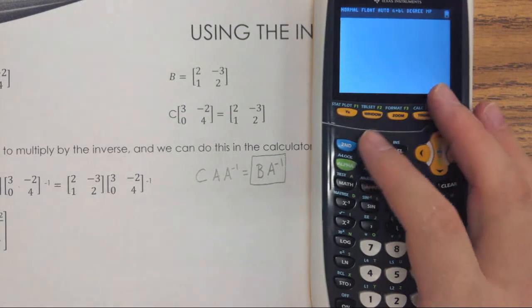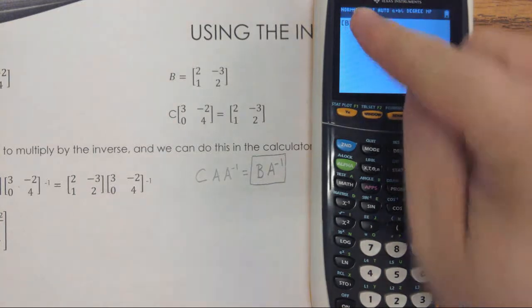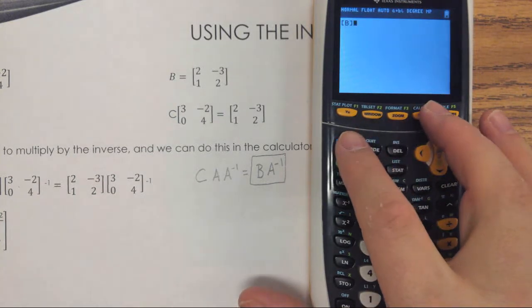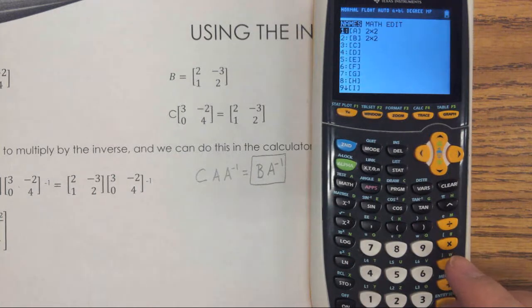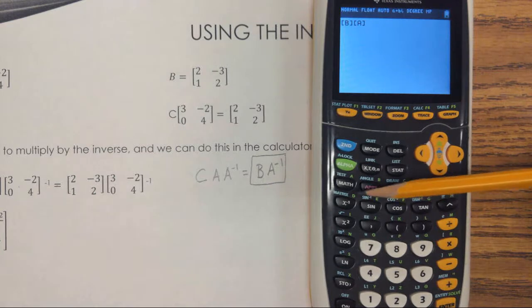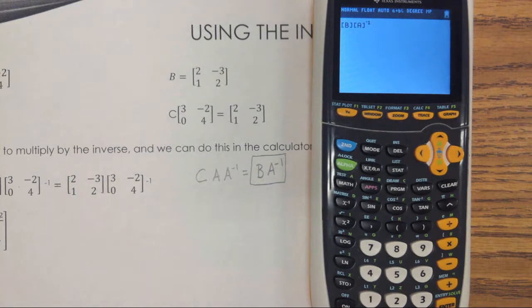Alright, so I'm going to go back into matrix, and now I'm going to go and hit B. So now I've got matrix B, and I'm going to go back into matrix and multiply that by A, but then I'm going to hit this inverse button, which is going to take the inverse of A for me. Then I'm going to hit enter.